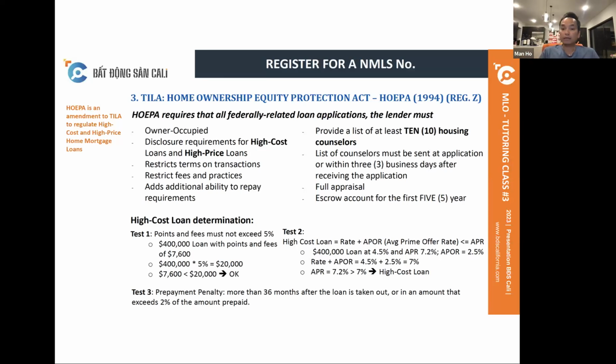So I saw this question in the test, right? They say how many housing counselors does the lender provide to the borrower? Okay, 5, 10, 15, 20. Okay, the answer is 10. Okay, the list of counselors must be sent at application or within the 3 business days.